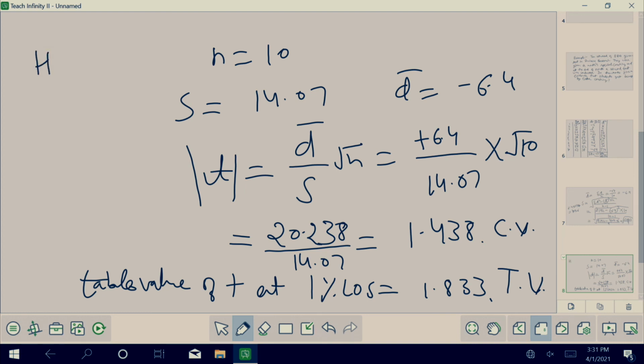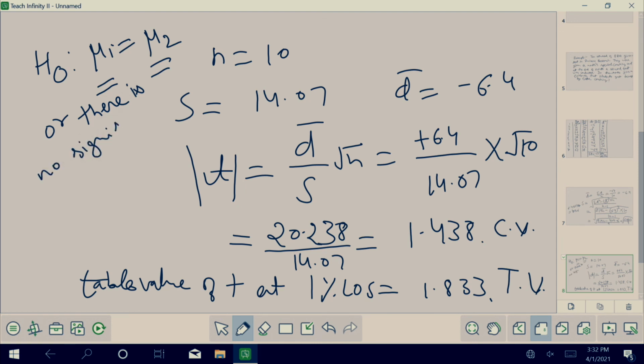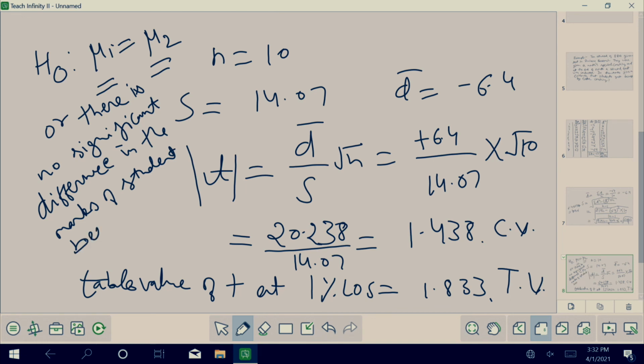In this question, H naught is mu 1 is equal to mu 2, meaning the marks of students before coaching and after coaching are the same, or you can say there is no significant difference in the marks of students after special class.